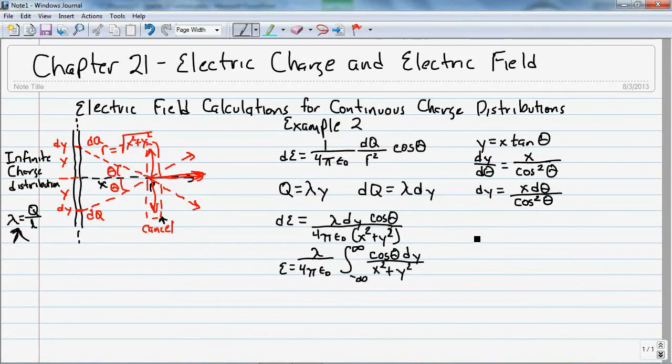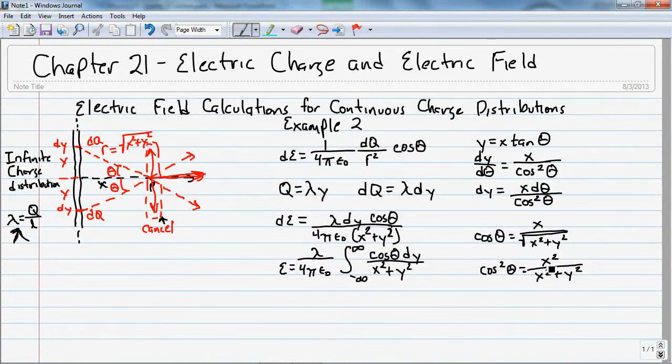Now let's look at what we can do with cosine theta. Cosine theta is just equal to x over the square root of x squared plus y squared. And if I square everything, then I get cosine squared theta is equal to x squared over x squared plus y squared.